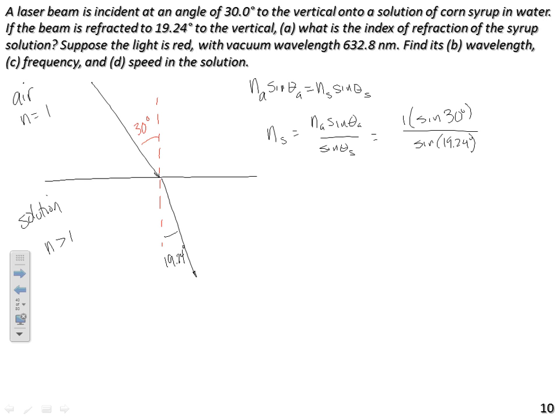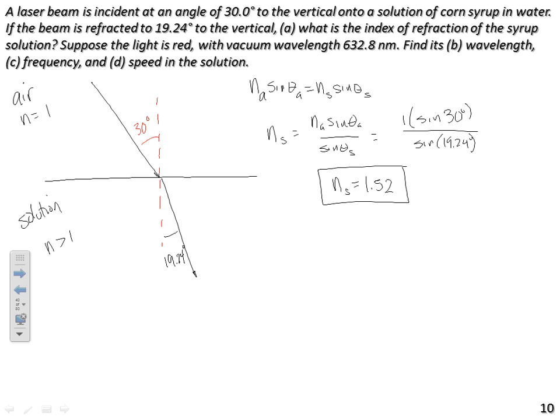Don't forget those degrees, folks. That degree symbol is a unit. You got to have it if you want full credit. So sine 30 divided by sine 19.24. And I get n solution 1.52. I better darn well get bigger than 1. If I don't, I've done it wrong.